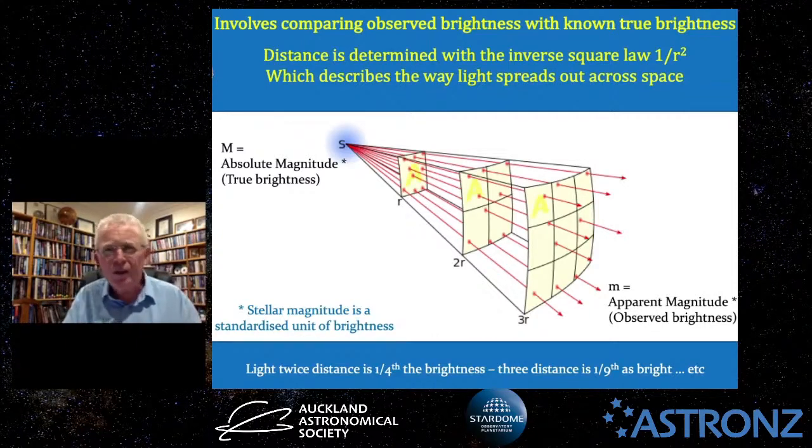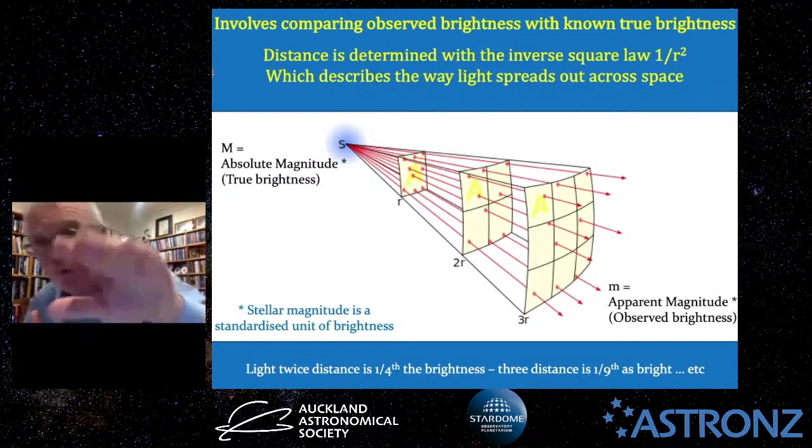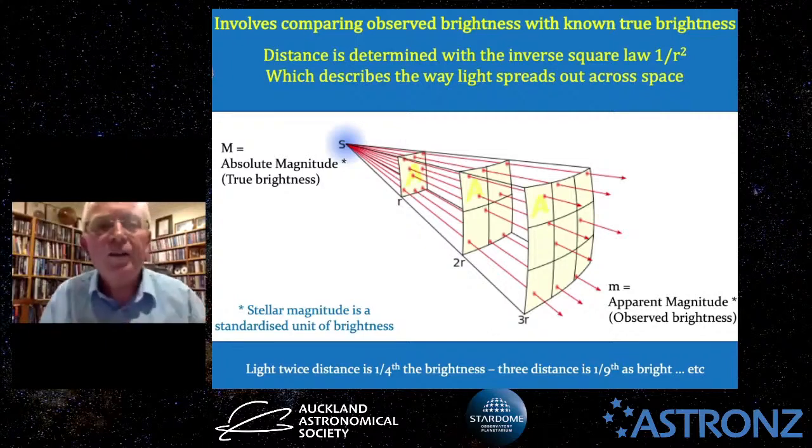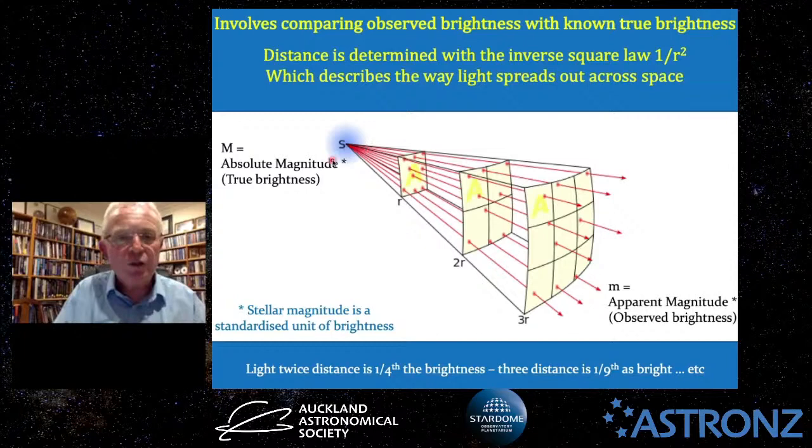You might say, well, how do they do that? Well, they use what they call the inverse square law, which is 1 over r squared, or d squared if you will. R or d they use for distance. It describes the way light spreads out across space. So here's S for source, light spreading out to a set distance. If you double the distance, the brightness of the light will be 1 over 2 to the power of 2, in other words, 1/4 the brightness.